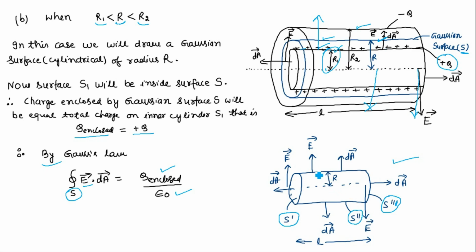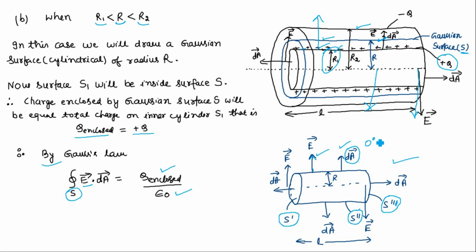For every point on this curved surface the electric field is directed radially outward, and the area vector is also directed radially outward. So the angle between electric field and area vector for all points on the surface S double dash will be 0 degree.